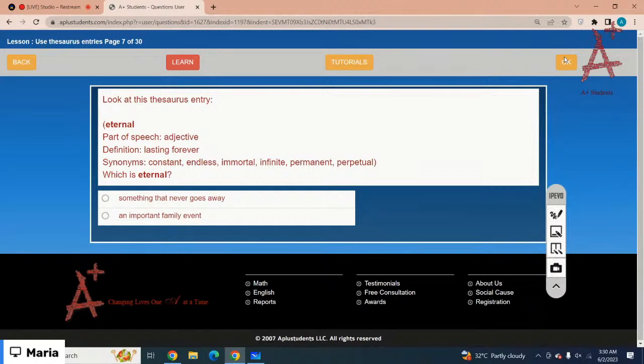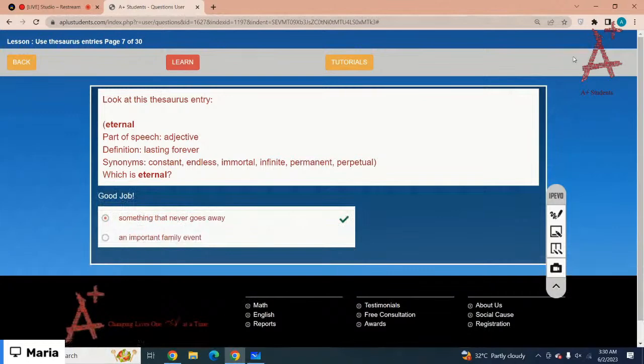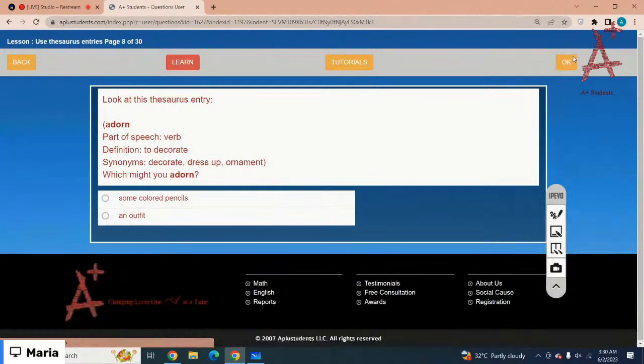It would be one, something that never goes away, something that lasts forever. Option one is the correct option, not two.